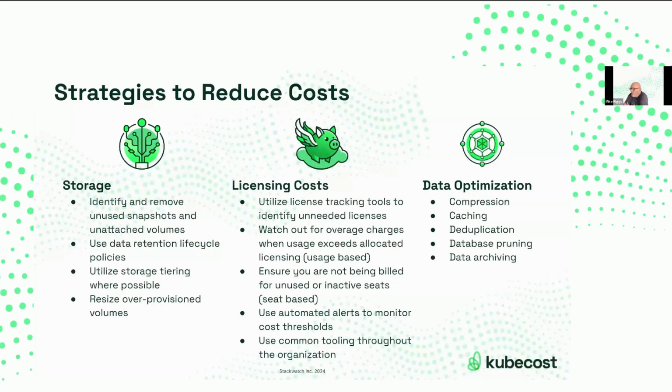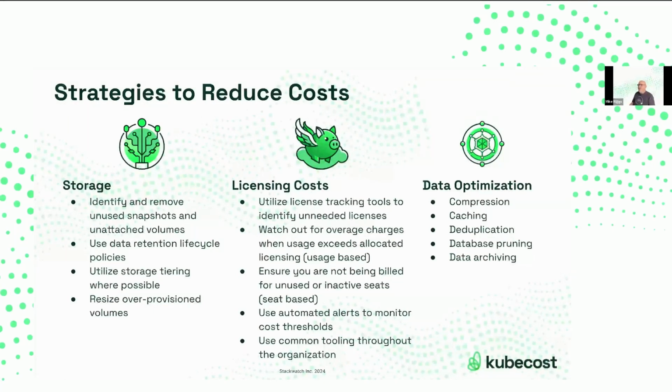We can archive data and we can prune databases. All of these things are going to result in lower costs for things like SQL workloads, machine learning, and AI workloads. It helps with storage. If I have less data to store, my data costs go down. Data optimization is also going to help with things like network transfer costs.